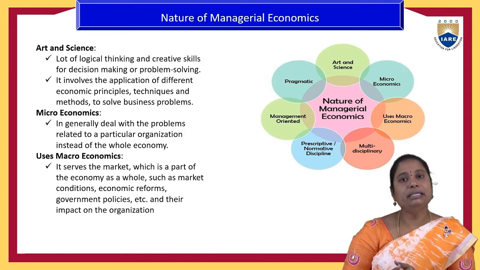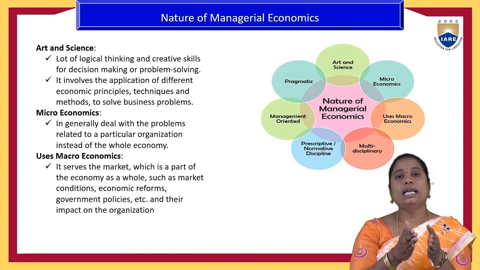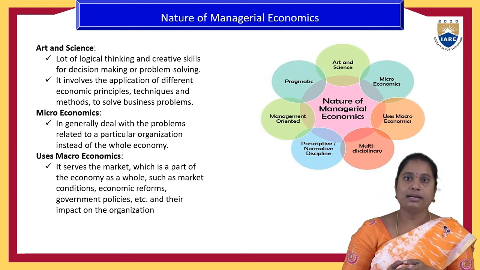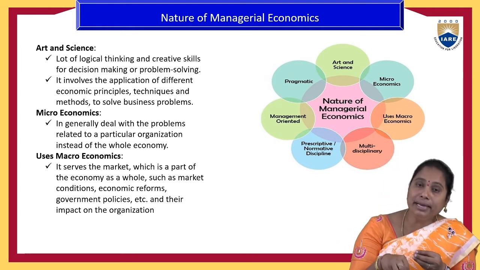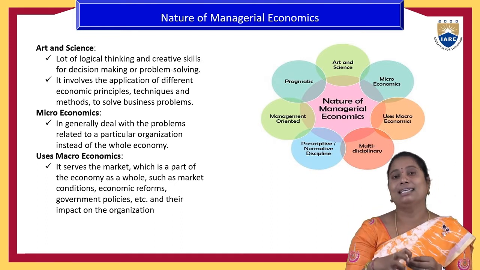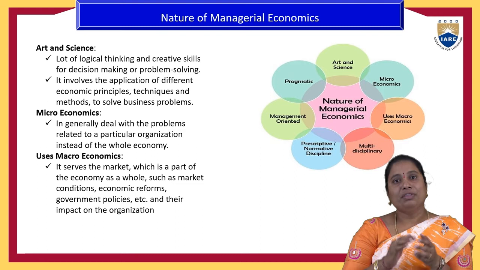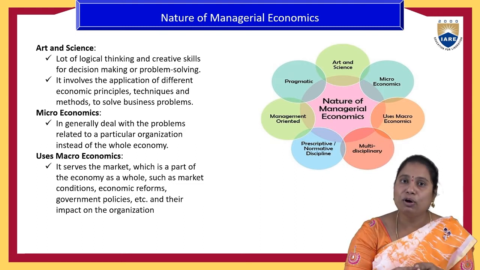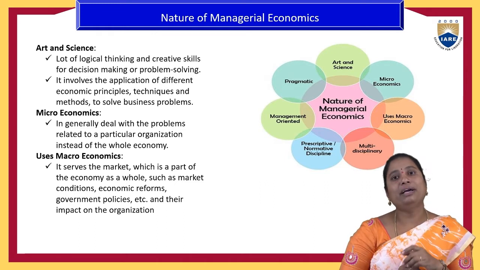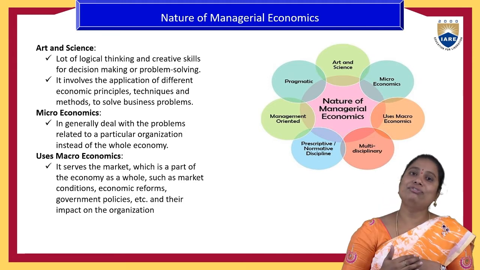First of all, art means that as a manager, he needs to think creatively about how to allocate human resources to work based on their abilities, what kind of materials he can bring to get maximum returns, what kind of machinery he can allocate to reduce losses and get maximum benefits, what kind of packing styles are most appropriate for market attraction, as well as pricing factors, and what is the best medium for advertising this product.